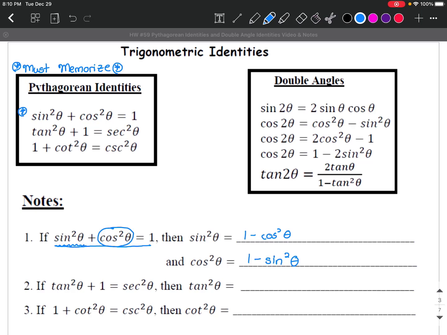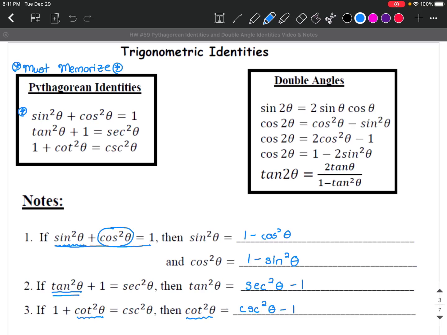Same type of trick. If we look at the second Pythagorean identity, tan squared theta plus 1 equals secant squared theta, if I want to solve this for tan squared theta, I subtract 1 from both sides and get secant squared theta minus 1. If I have the identity 1 plus cotan squared theta equals cosecant squared theta, and I want to solve for cotan squared theta, again, I subtract 1 from both sides, and I have cosecant squared theta minus 1.